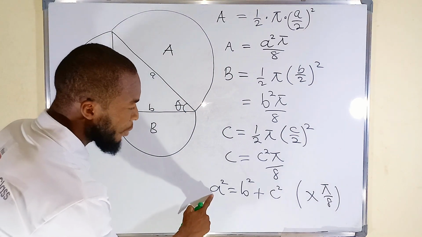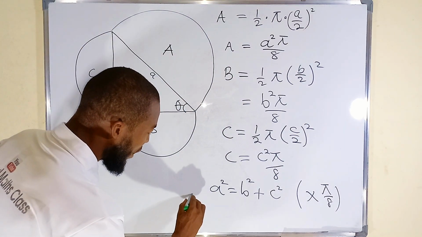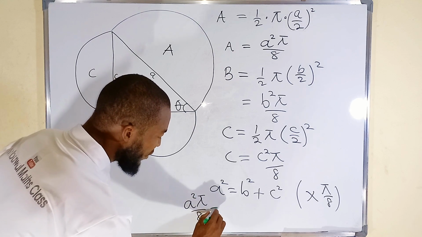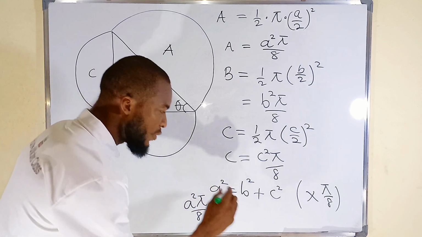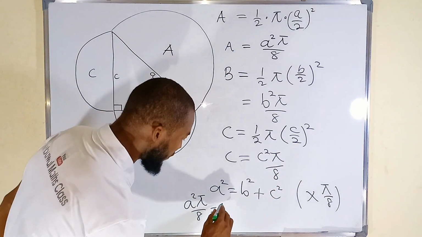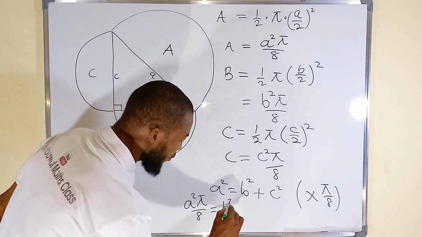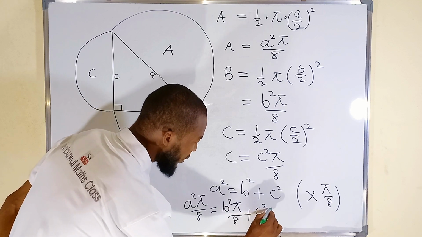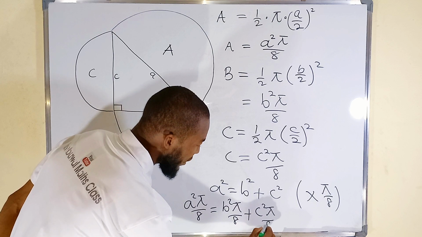If you multiply this by pi over 8, you have A squared pi over 8. Do the same thing for all of them. So far the value is the same thing, the equation will remain balanced. So we have B squared pi over 8 plus C squared pi over 8.